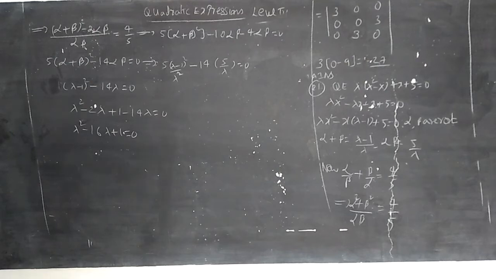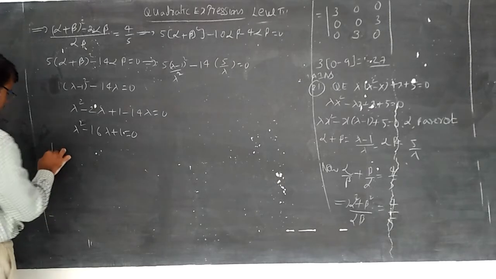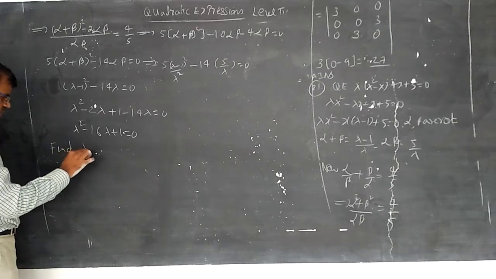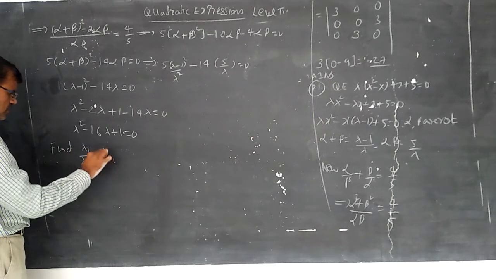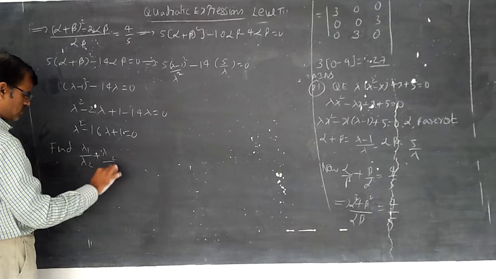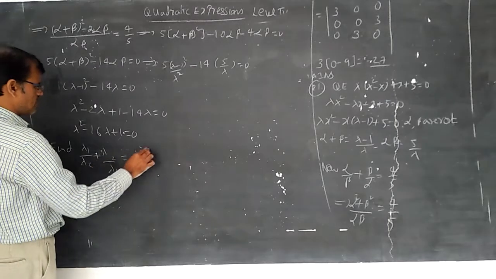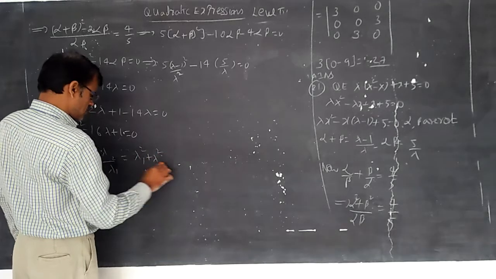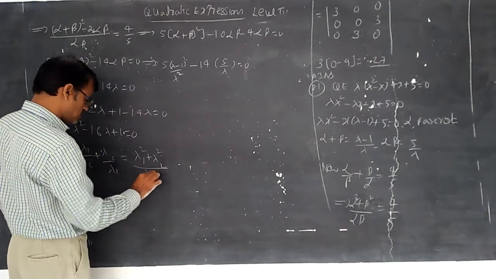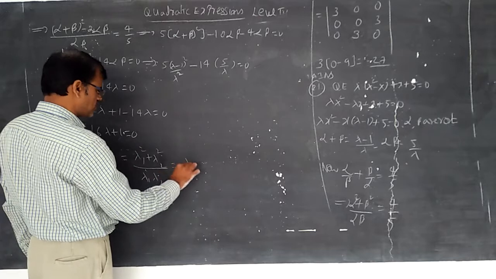Now we should calculate the value of lambda 1 by lambda 2 plus lambda 2 by lambda 1. Good question. That is equal to lambda 1 square plus lambda 2 square by lambda 1 into lambda 2.